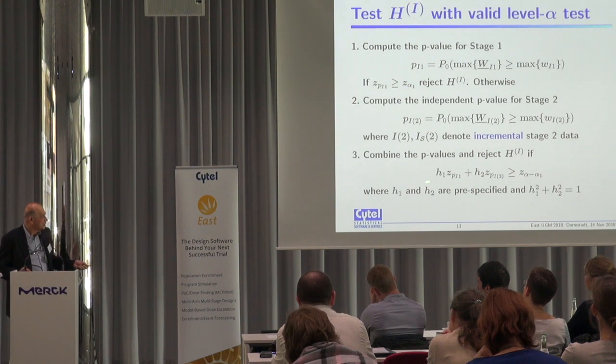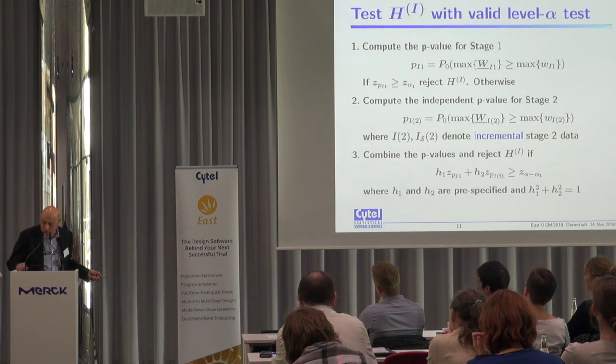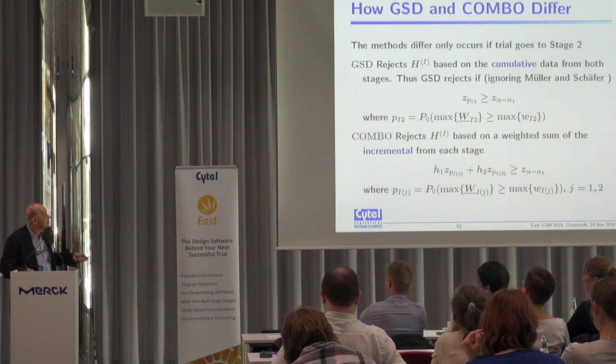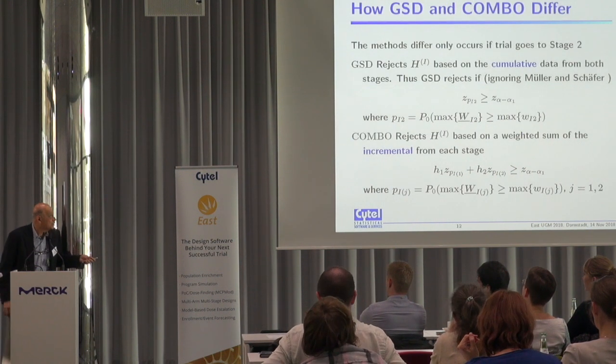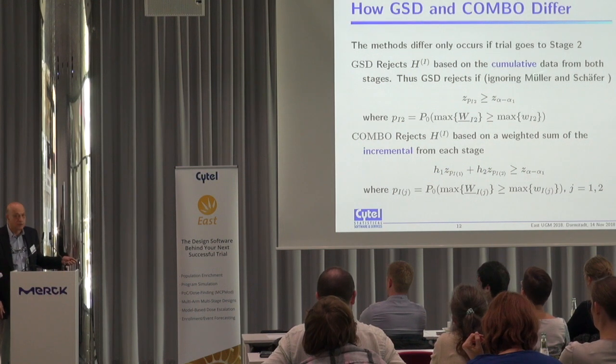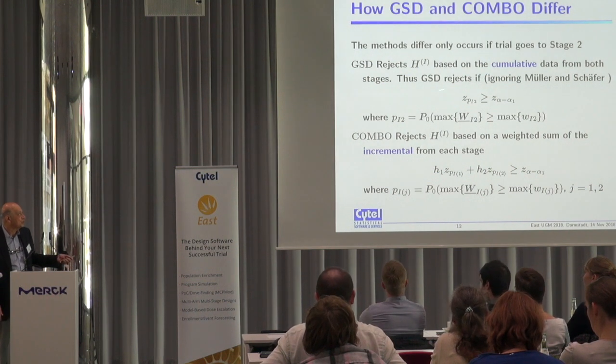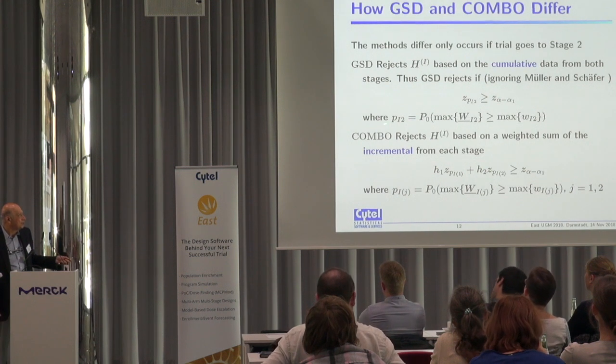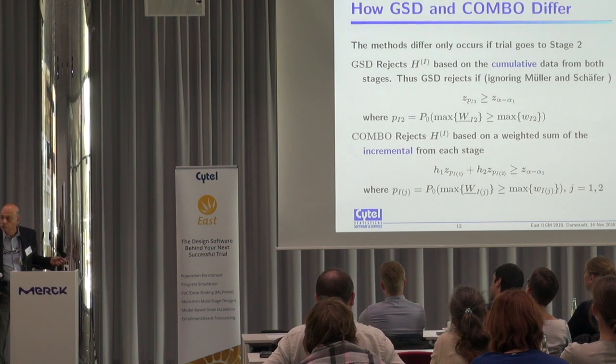the group sequential, except that the main difference between the group sequential test and this test is the following. The group sequential, if you ignore this Muller and Schafer adjustment, uses the cumulative data. It's equivalent to getting a p-value based on all the data at one shot.